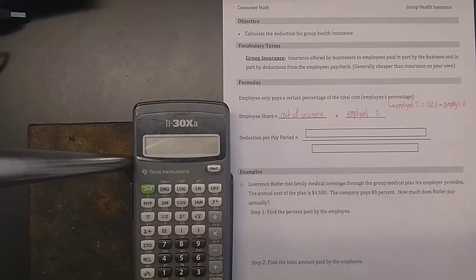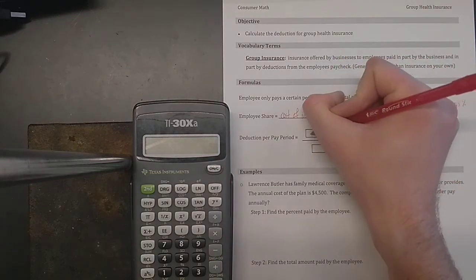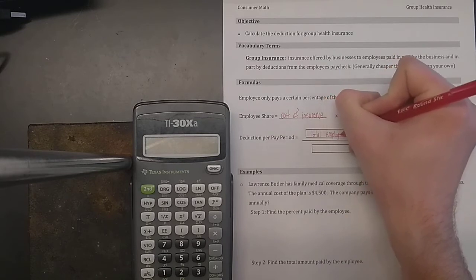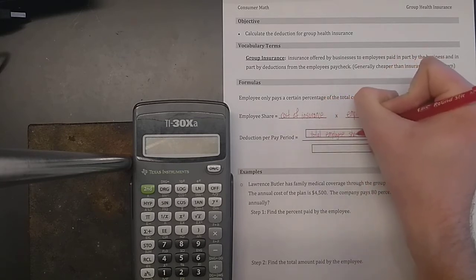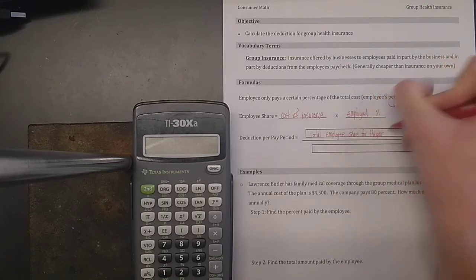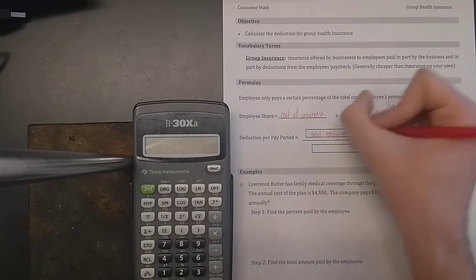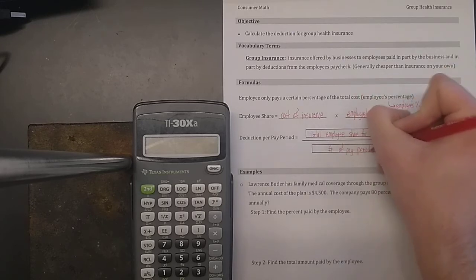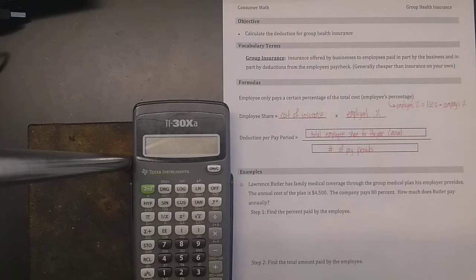If you want to know how much you're paying per paycheck, because this is money that, again, is being deducted from your paycheck, simply take the total employee share for the year, in other words, the annual employee share, and divide that by the number of pay periods that the employee gets. So in other words, the number of paychecks the employee gets.